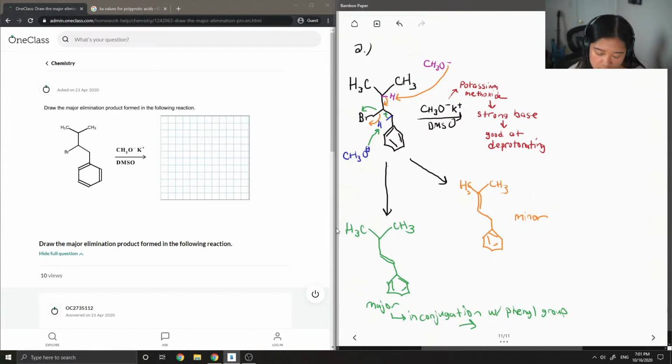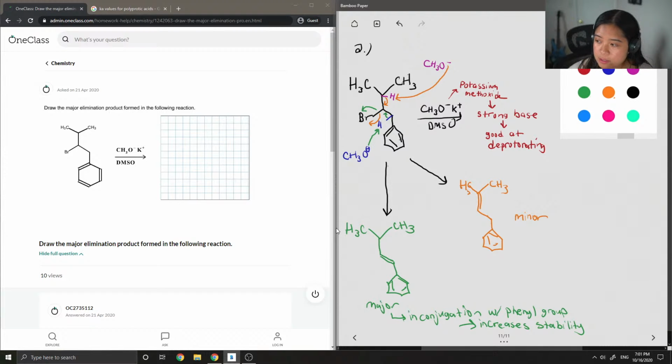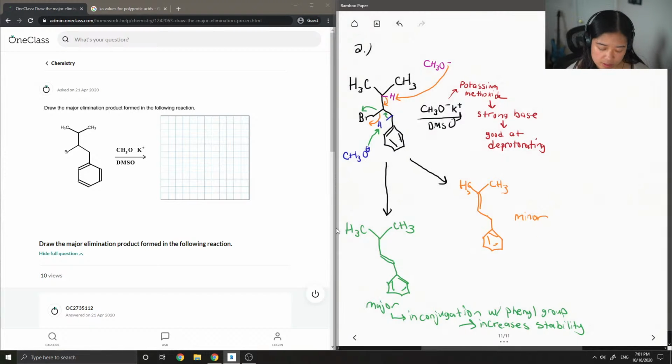That increases that product's stability. And then for this orange one, it's our minor product. So even though its double bond is on a more substituted carbon, this product on the left is still going to be our major product.